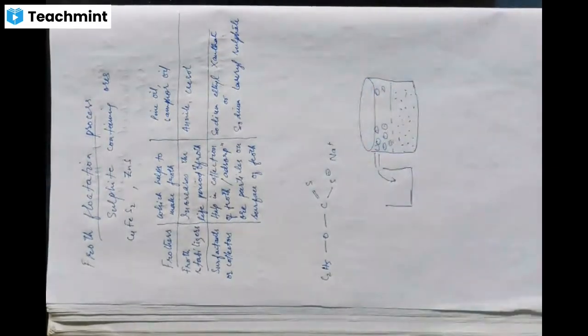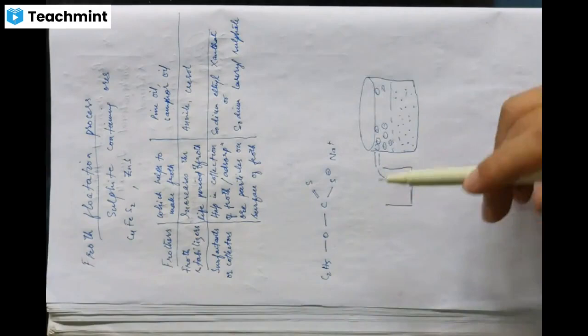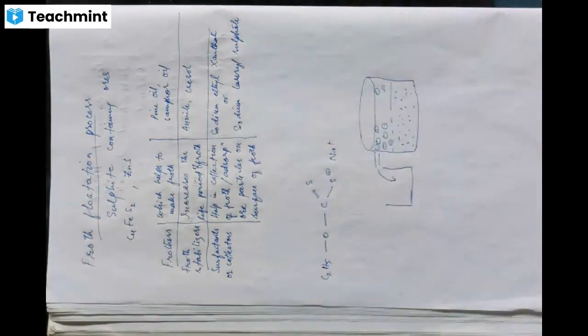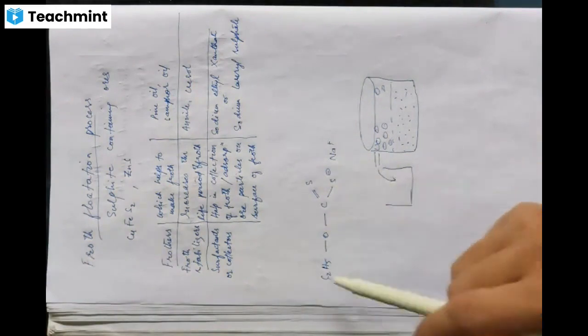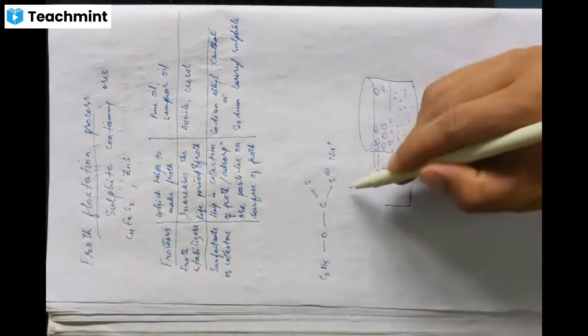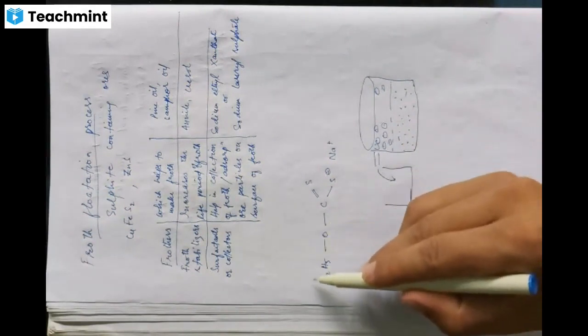So see, these are surfactants. This is also another long chain surfactant. Like they act as micelles. See, these are polar charged. This end is charged, and this end is non-polar.